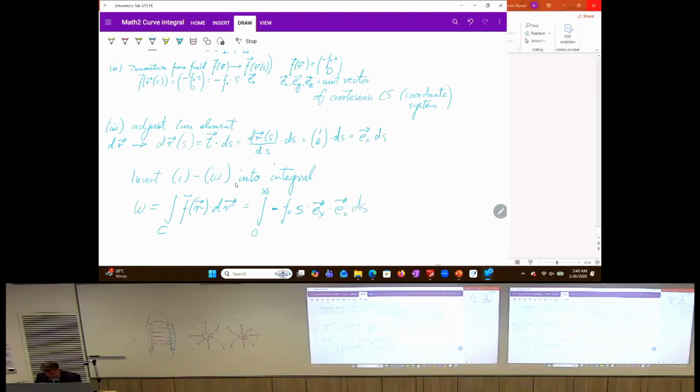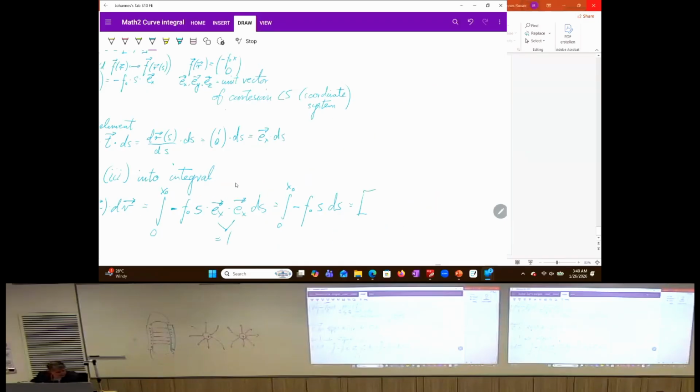And you see here you have these ex and ex. That is actually equal just to 1. You have here the unit vector dot unit vector. And for our integral along the work, it goes from 0 to x naught. Then that is minus f naught s times ds. So we integrate over s.